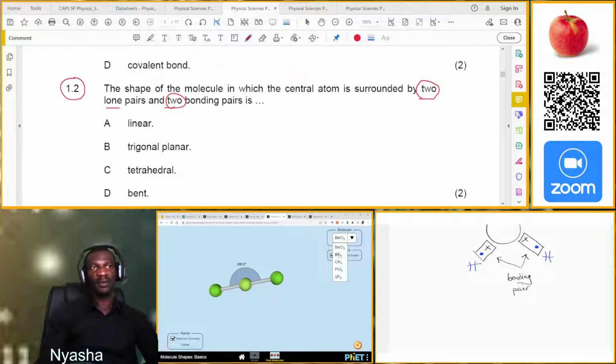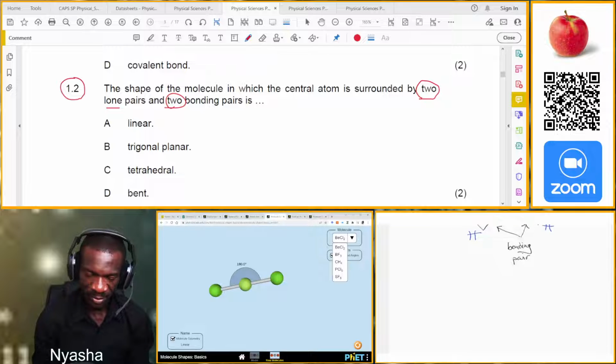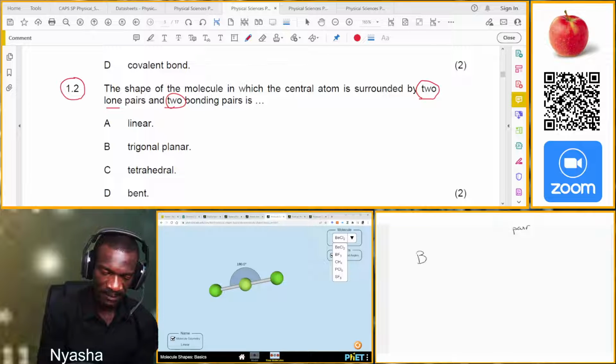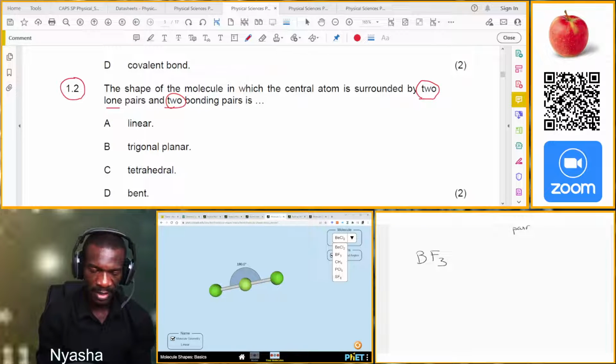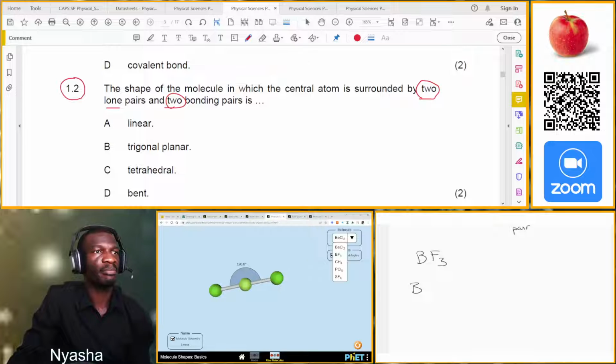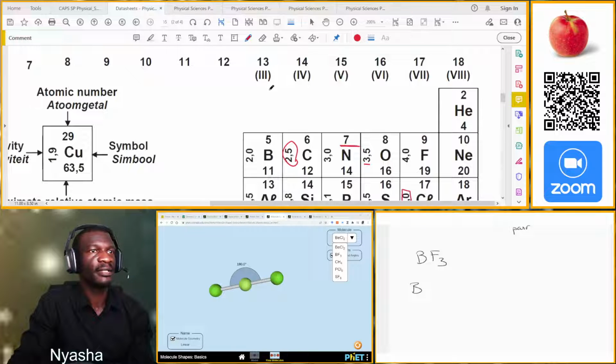So we need to now go and see how BF3 will look like. For BF3, let's put the Lewis structure. For the boron, where can we get the periodic table? Here, boron is group 3.